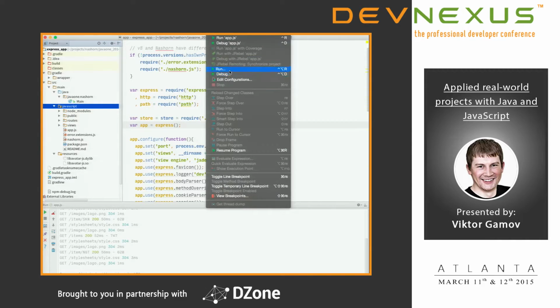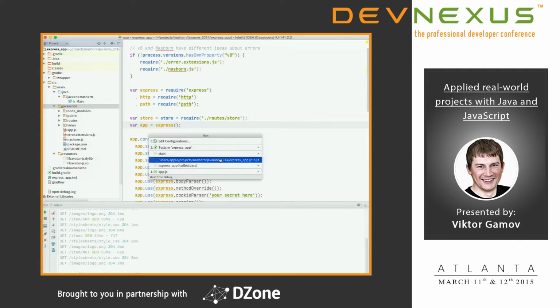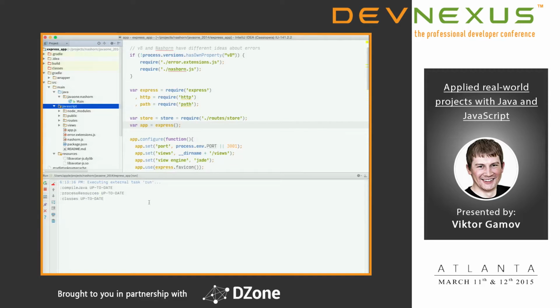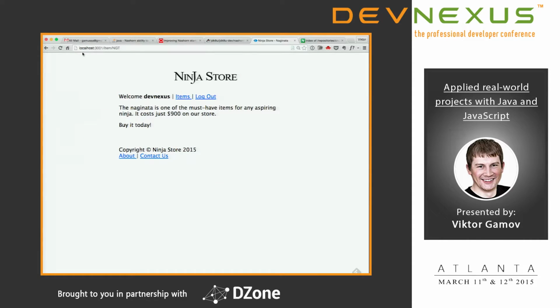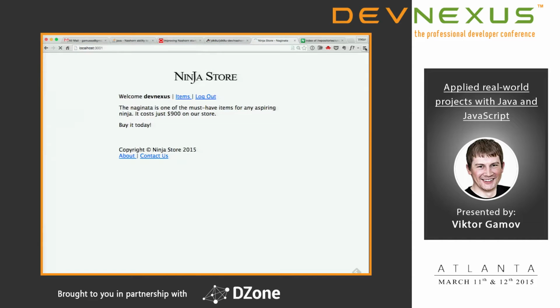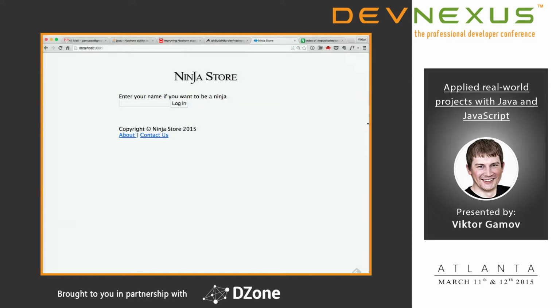When I run it and go here and click refresh, you will see a slow startup, which is expected because Nashorn is still quite behind V8 in terms of performance.